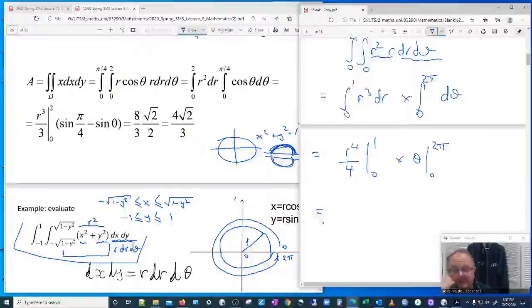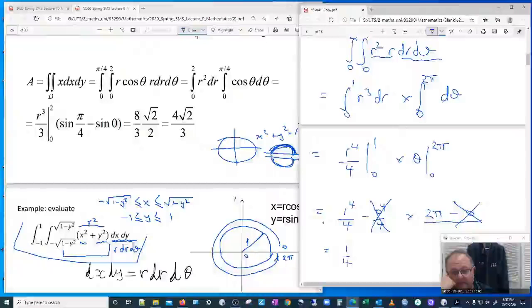We've got 1 over 4, subtract 0 over 4, times theta, which is 2 pi, minus 0. So that's obvious. So this is 1/4, that's gone, that's gone. So we've got 1 over 4 times 2 pi.